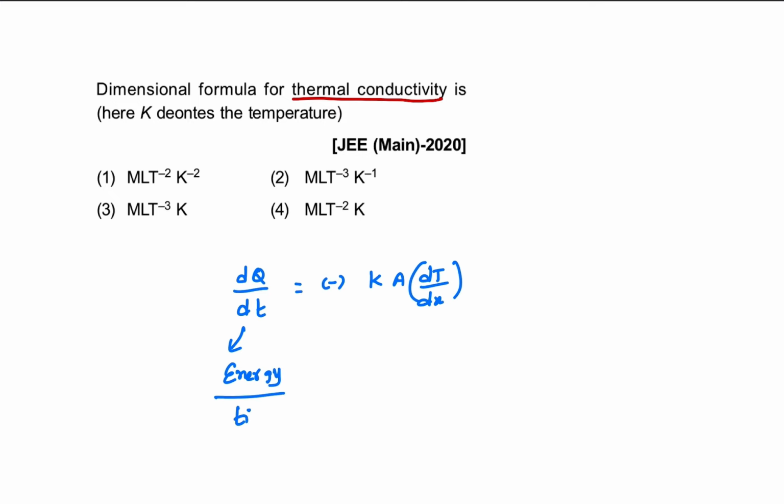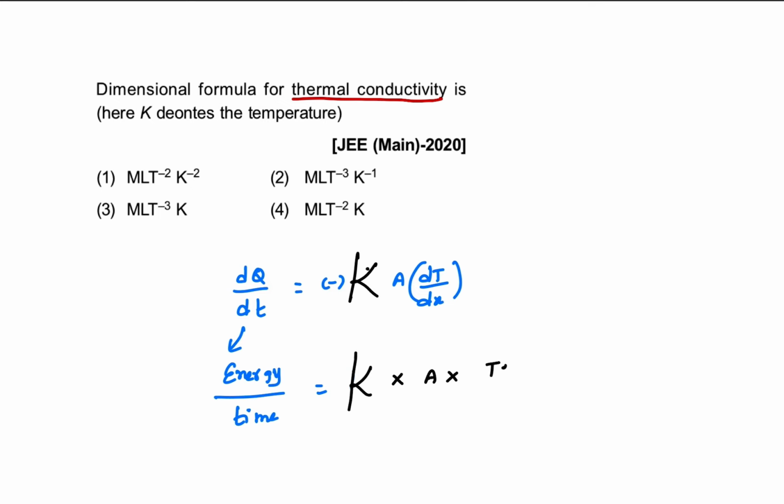This is the energy by time. Anyway, negative term is not required. Instead of taking K, actually in options also there is a K, whatever thermal conductivity is there, I am taking something like a big K. So you can say this big K we don't know, into area.